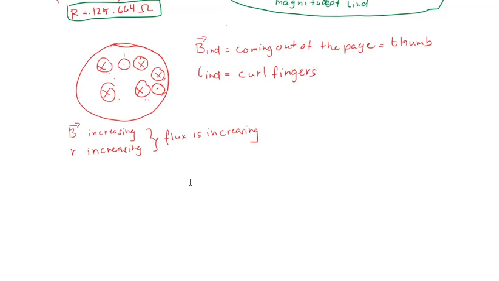So with that B field, our thumb, pointing out of the page, our I induced is going to be going counterclockwise, right? Okay, so there we go.